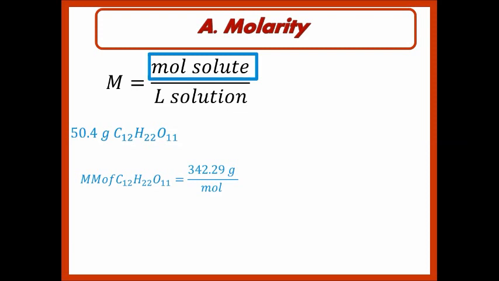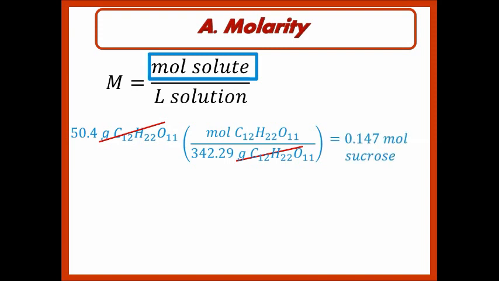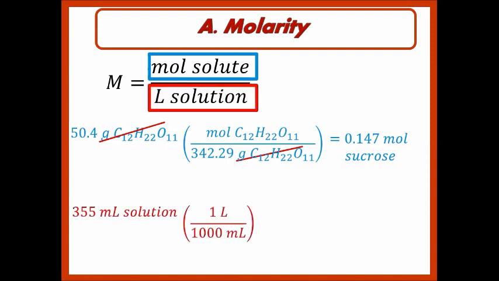Since we are converting from grams to moles, we need to divide by the molar mass in order for the units of grams to cancel. We determine that there are 0.147 moles of sucrose. In order to convert 355 milliliters to liters, we must recall that there are 1,000 milliliters in 1 liter. Therefore, there is 0.355 liters of solution.